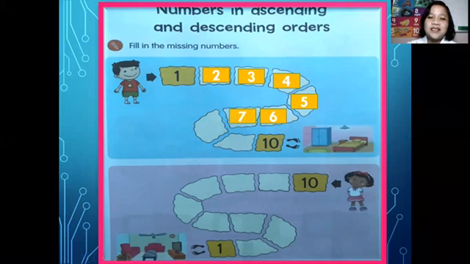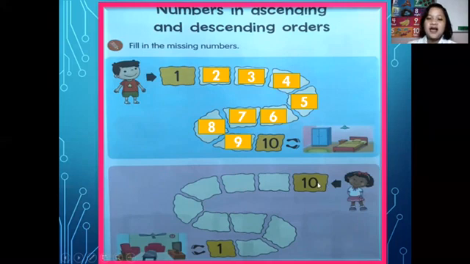What's next? 8. What's next? 9. All right. So those are the missing numbers. Did you get them correctly? Yes? Very good. All right, next we have a girl.